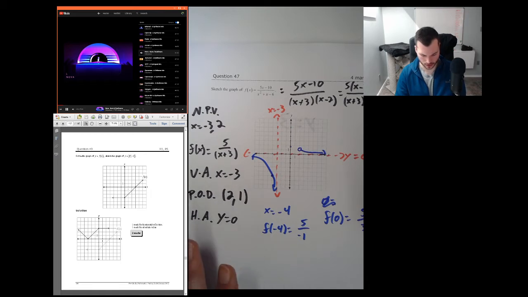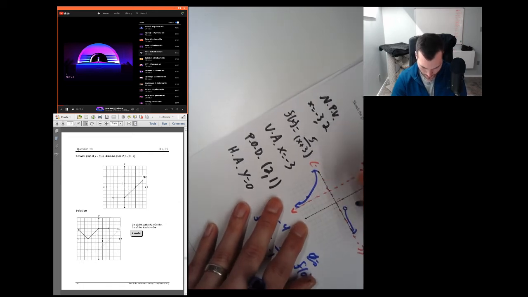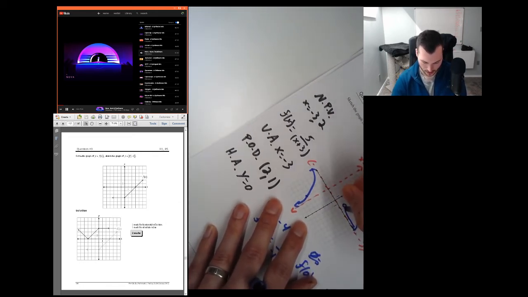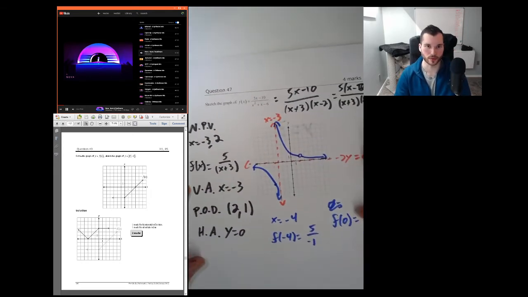Yeah, no, we're good. I'm just making sure that my point of discontinuity is in the right place. It is. Yeah, we're okay. Maybe I just drew my hole a little bit too big for my graph. Yeah, that's okay. That worked out well.